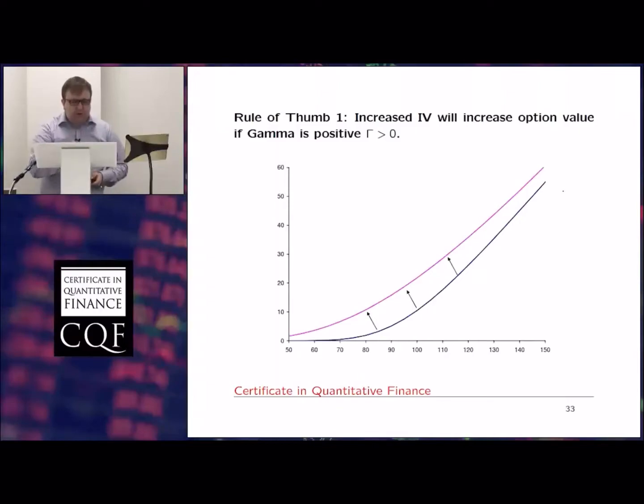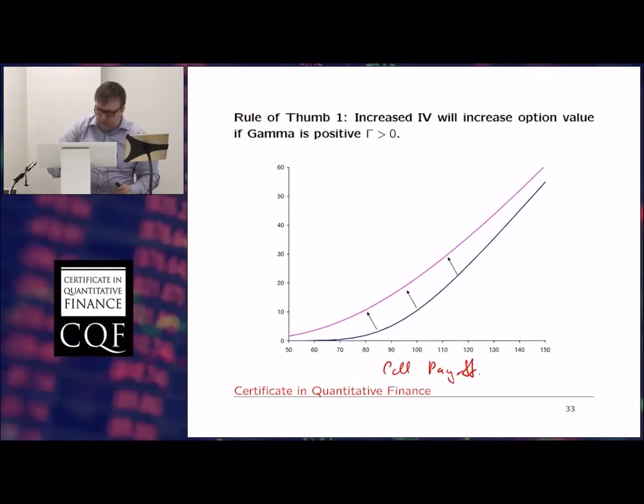So in terms of the simple option value, this is the call payoff. Again, this is the payoff, let's say at 30, and this would be the payoff for the option at 20.